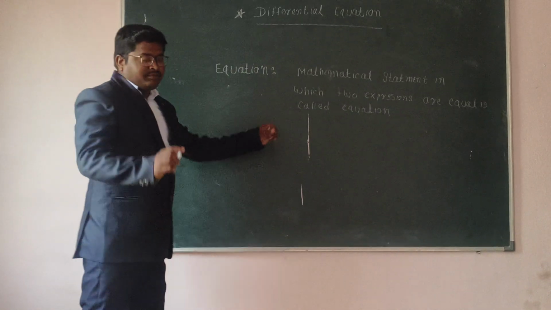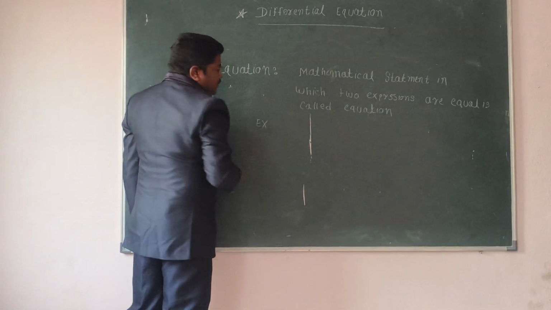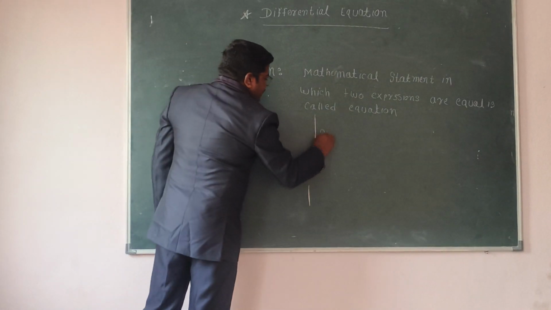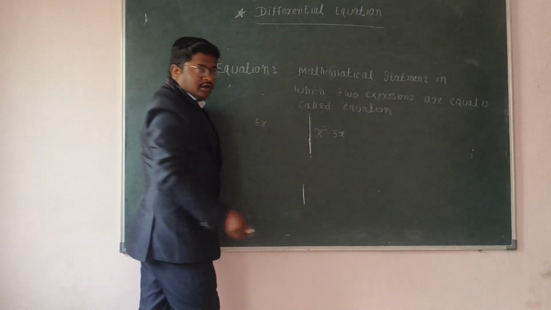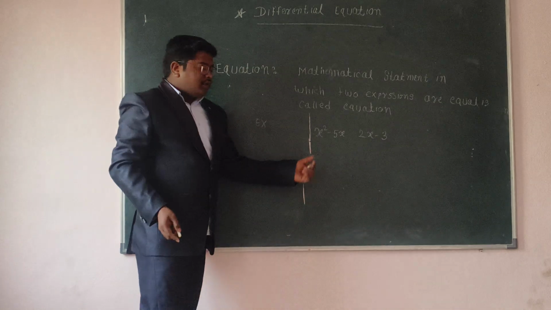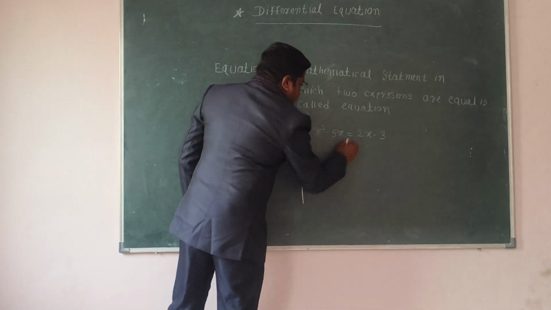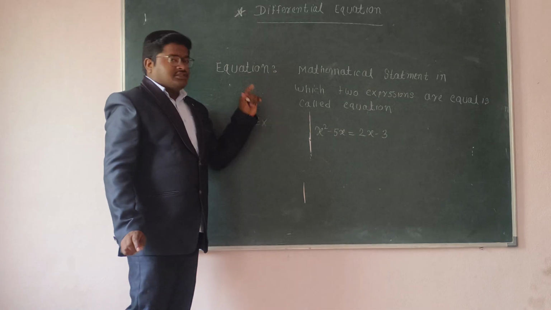Let us consider one example. Let us consider two expressions: x square minus 5x and 2y minus b. If you put an equal sign, then the two expressions are equal. So this is the definition of equations.